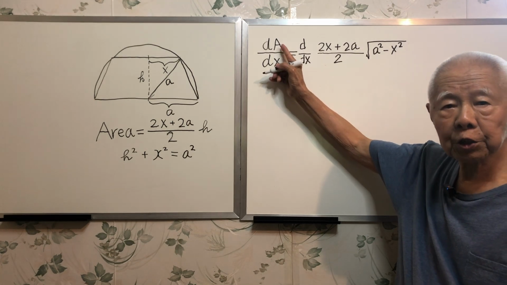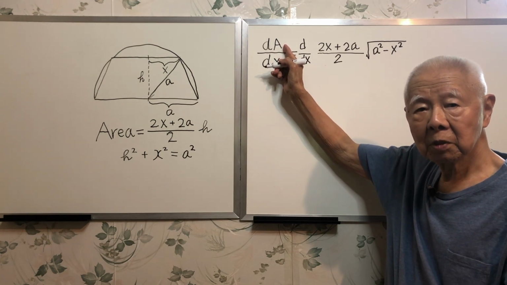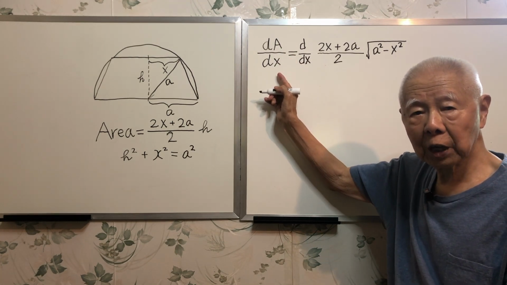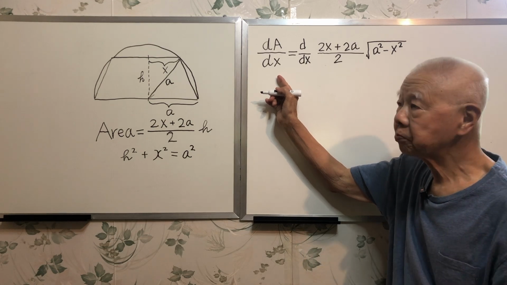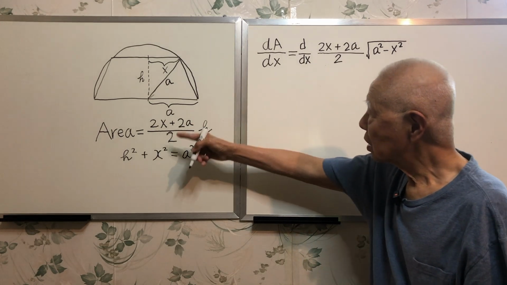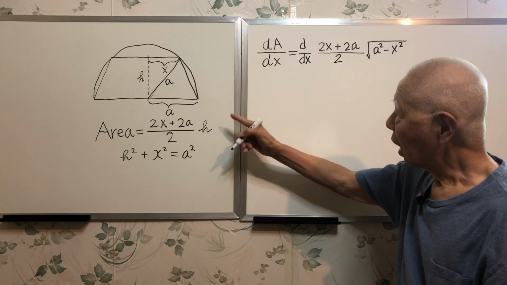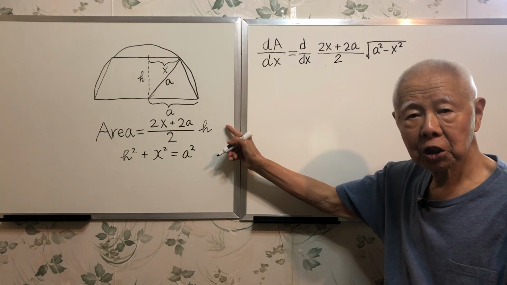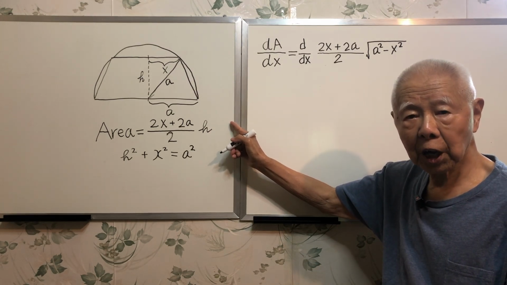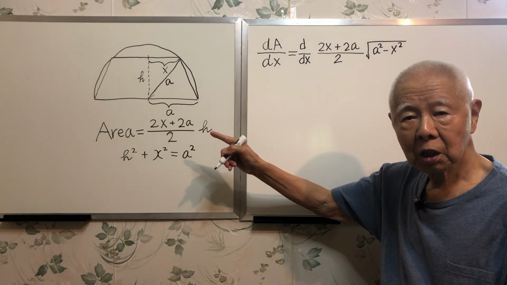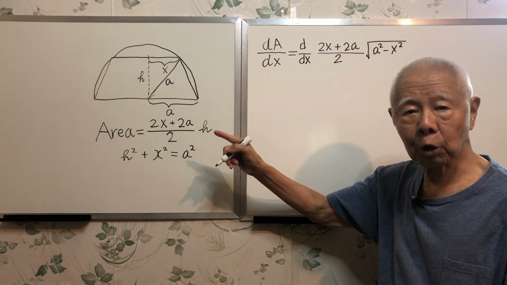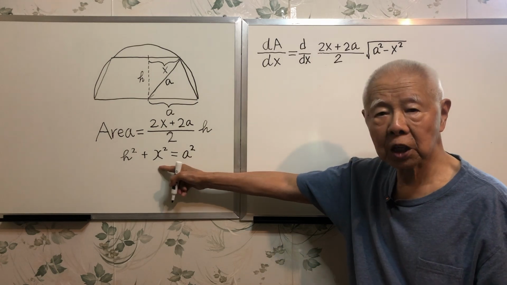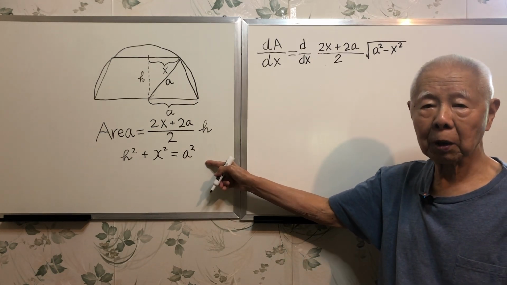The derivative of the area with respect to the variable x, I need to change the variable h into a function of variable x using the Pythagoras theorem.